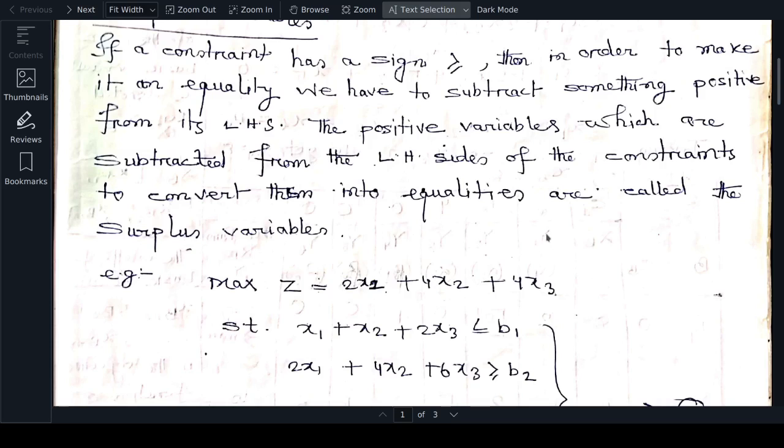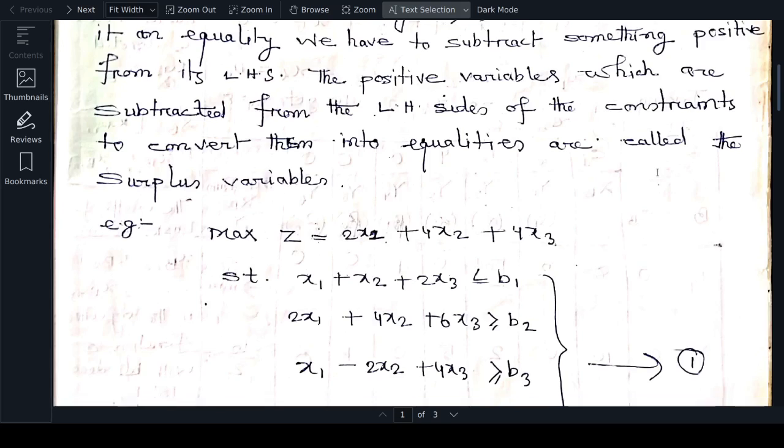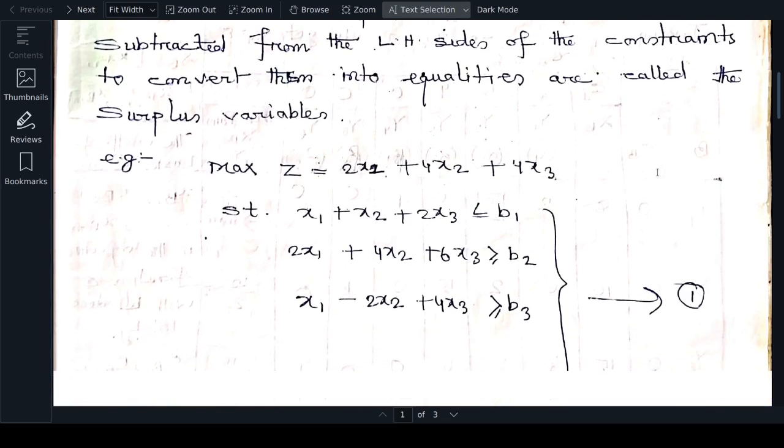So here you see one example is given, right? Max z equal to twice x1 plus 4x2 plus 4x3, such that, have you found this example of surplus variable?